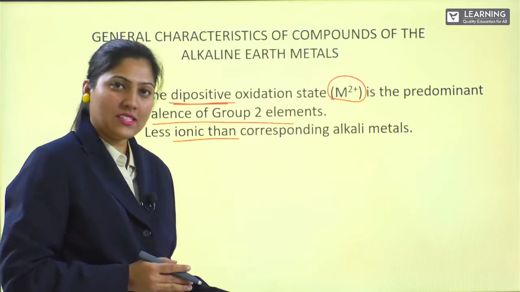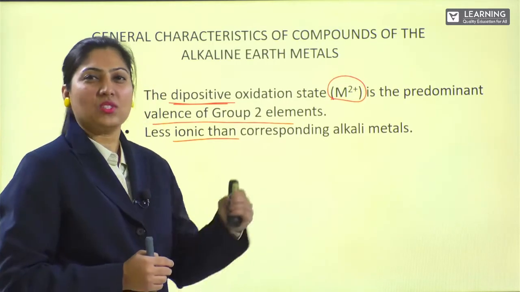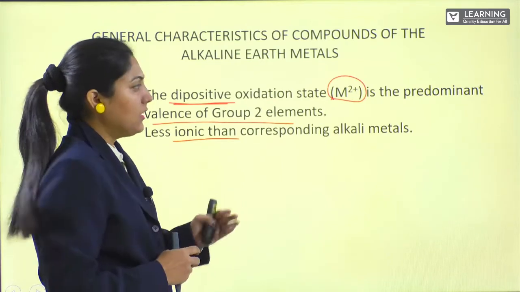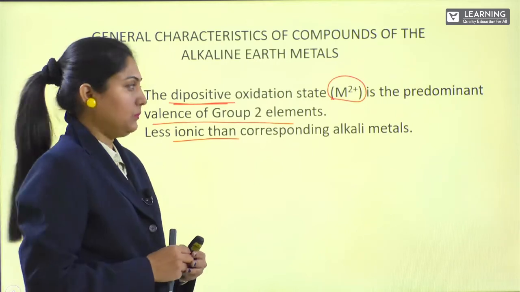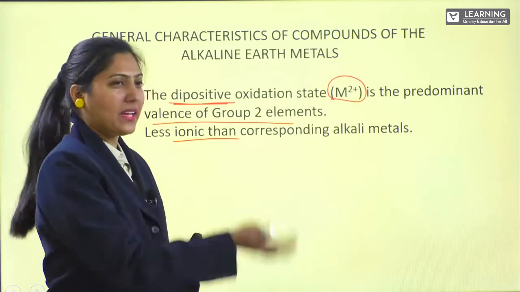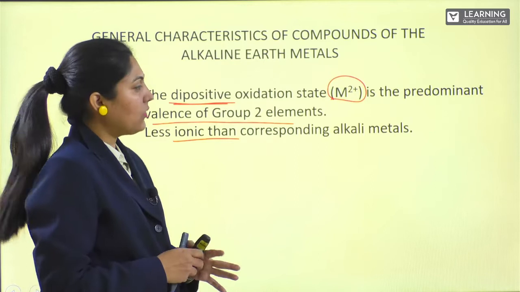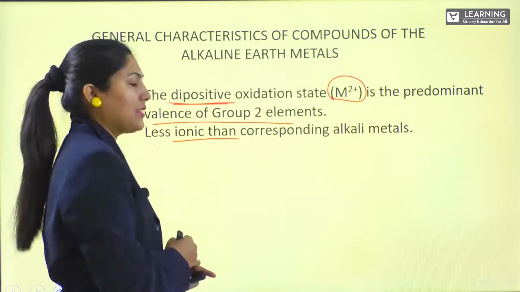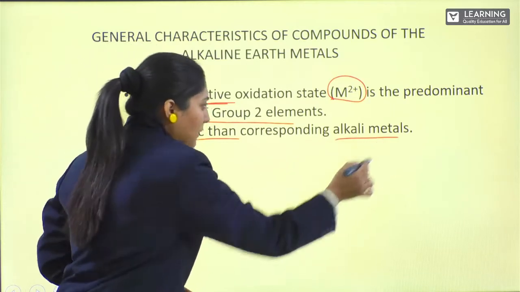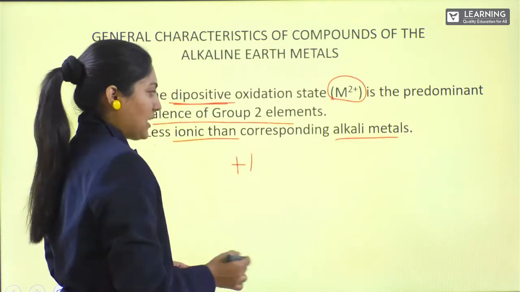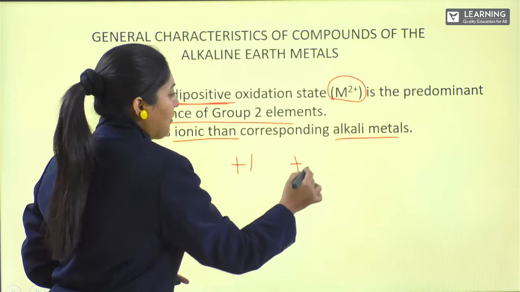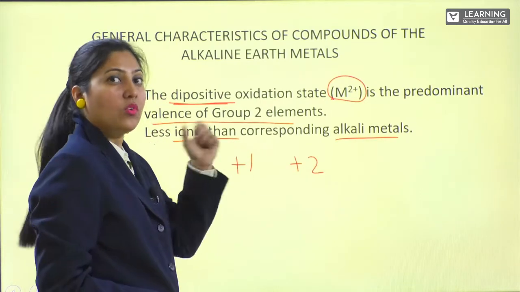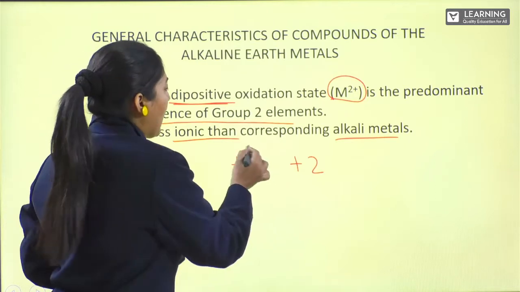As we have already studied, alkali metals are very strong reducing agents because they lose electrons and make the others oxidized. If you see the ionic nature, even though alkali metals have +1 charge and alkaline earth metals have +2 charge, the ionic nature will be stronger for alkali metals.